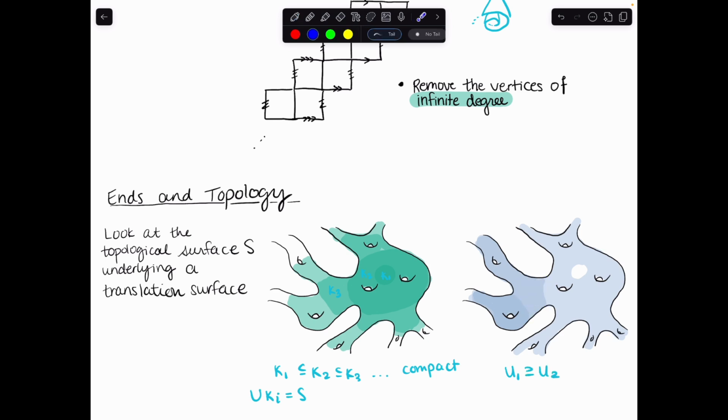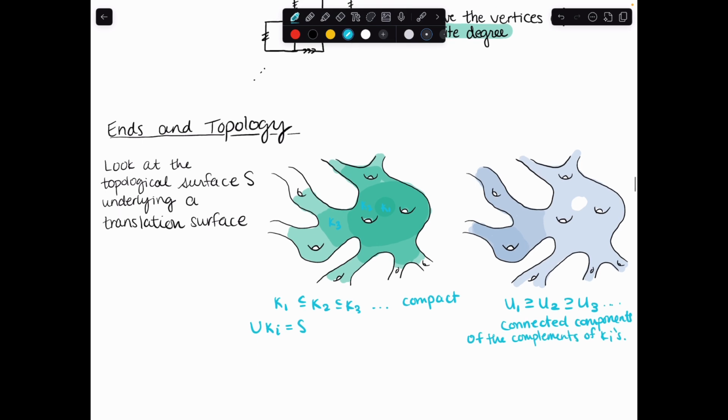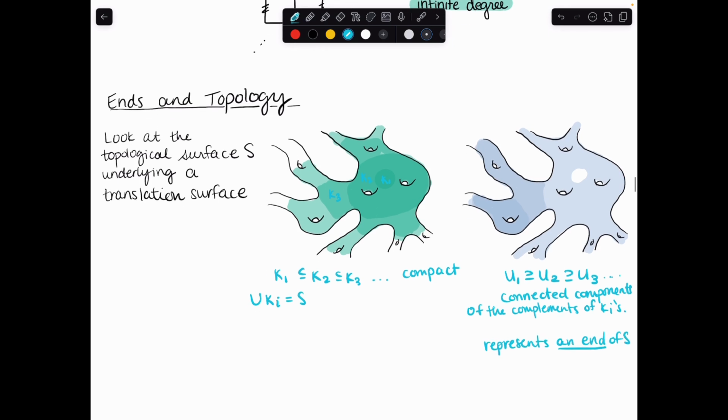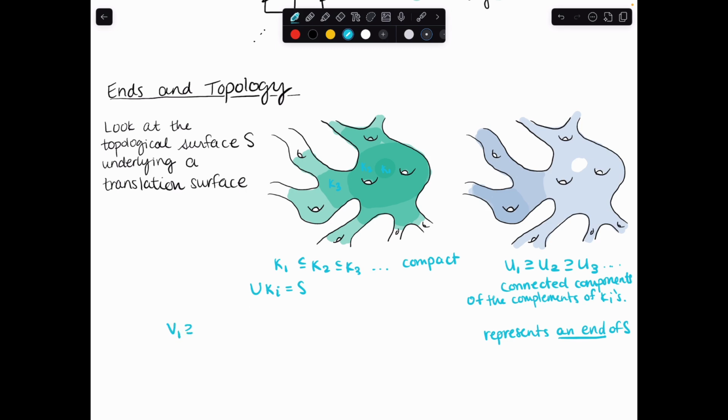That's one connected component of the complement of K2, and we're going to call it U2, and notice it's contained in U1. Then we're going to find U3 over here, which is one connected component of the complement of K3, and it's contained in U2, so on and so forth. All right, and one of these sequences, U1, U2, U3, so on and so forth, corresponds to one end of the surface. So it can be thought of as one way to go off to infinity on the surface.